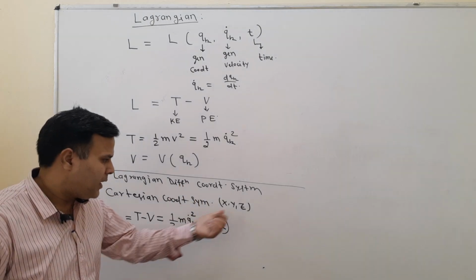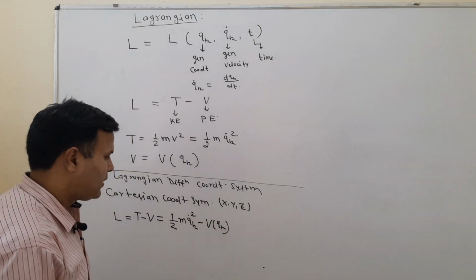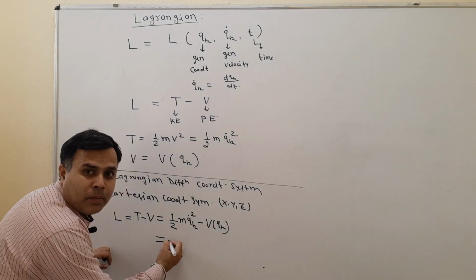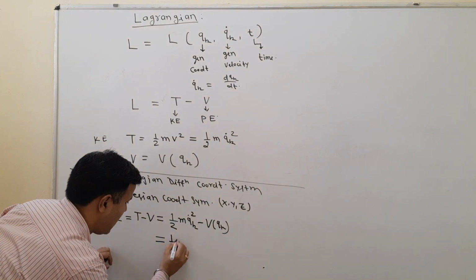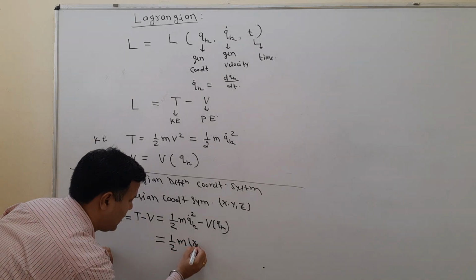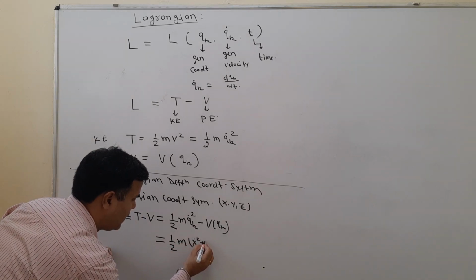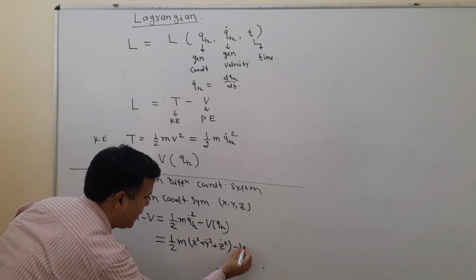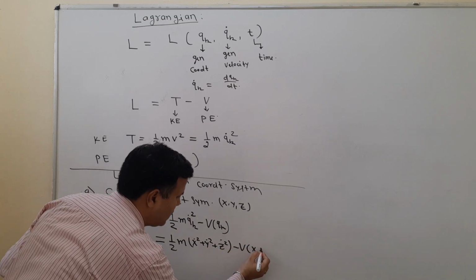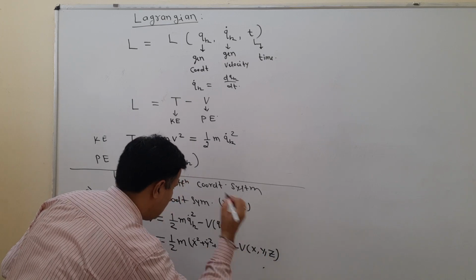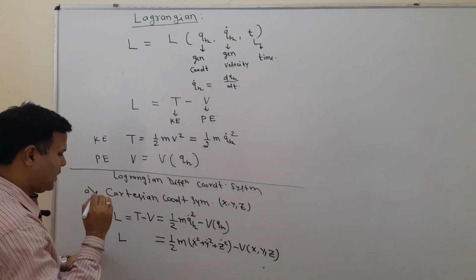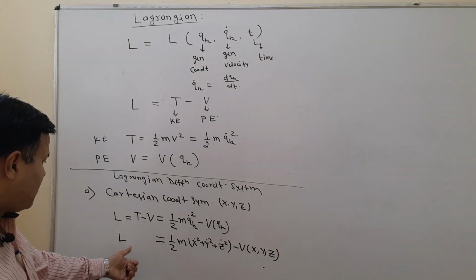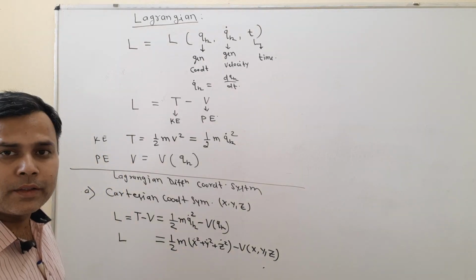Then what is qk in x, y, z? We can express it as half m times x dot square plus y dot square plus z dot square, minus V of x, y, z. This is the simple expression of the Lagrangian in Cartesian coordinate system.